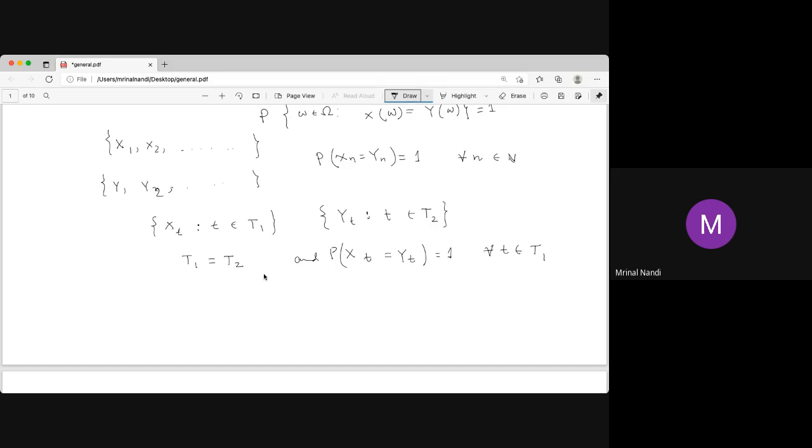If it is the set of all integers, then X1 equals Y1, X0 equals Y0 with probability 1, and X of minus 1 is equal to Y of minus 1, X of minus 5 is equal to Y of minus 5, and so on. Then these two sequences, or these two collections of random variables, are equal.